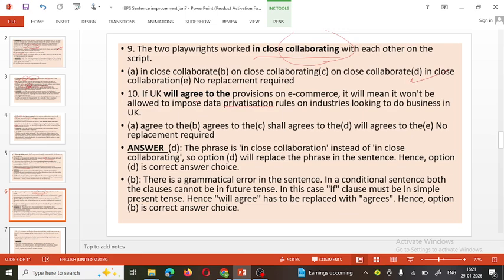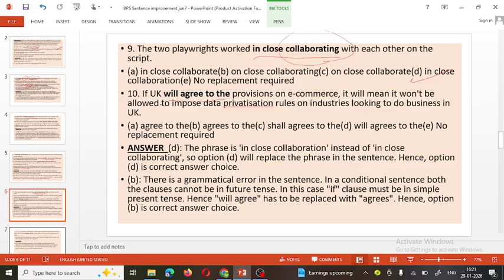Next: "If UK will agree to the provision of e-commerce, it will mean it wouldn't be allowed to impose data privatization rule on industries looking to do business in UK." Now the highlighted part is "will agree to the". The options are: agree to the, agrees to the, shall agrees, will agrees to the, or no replacement.